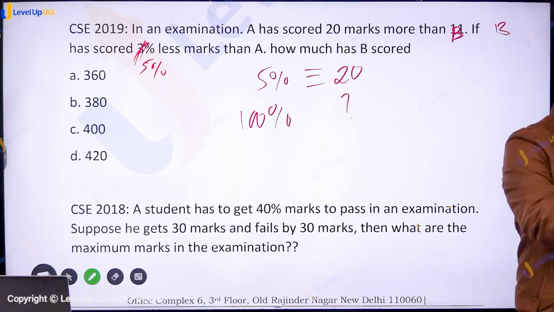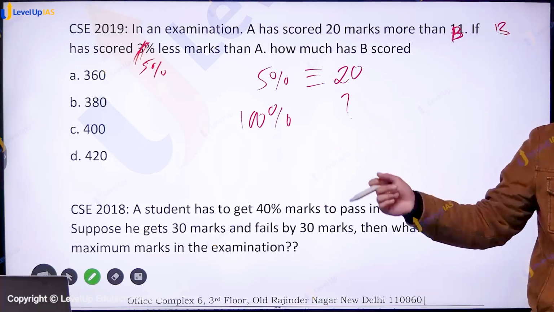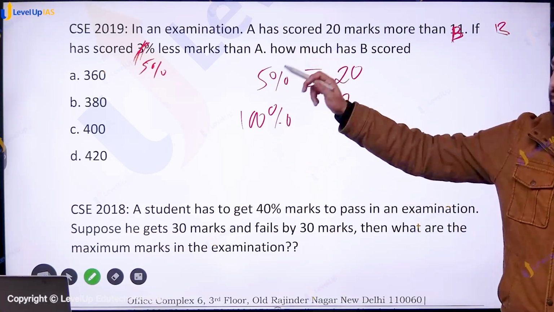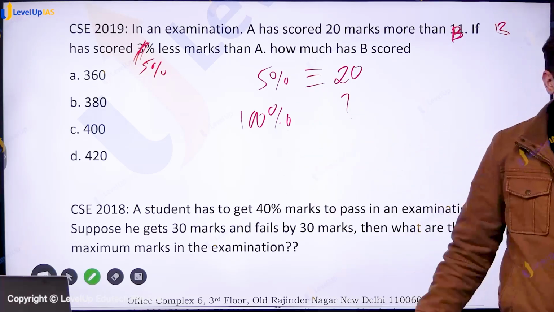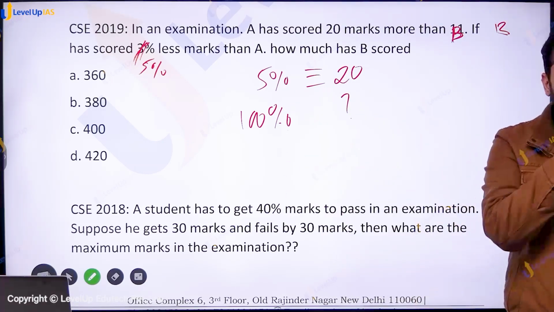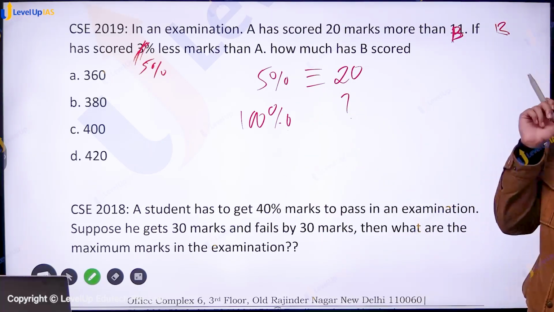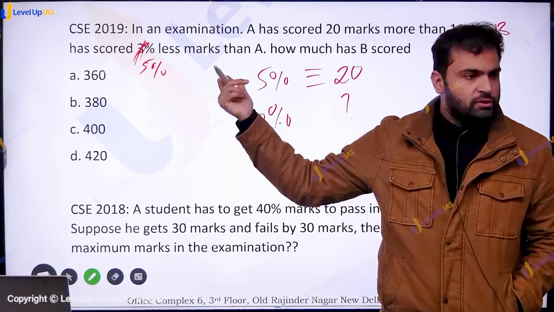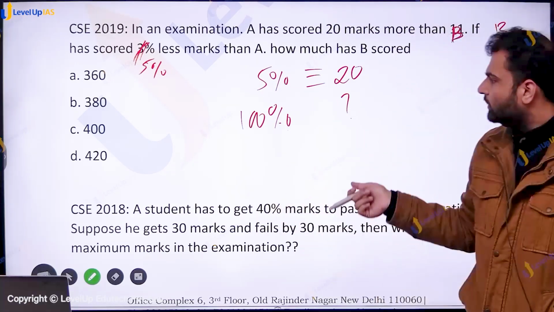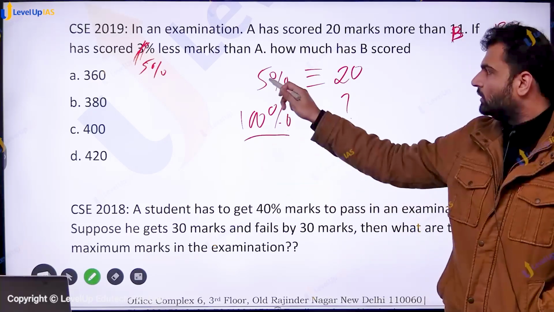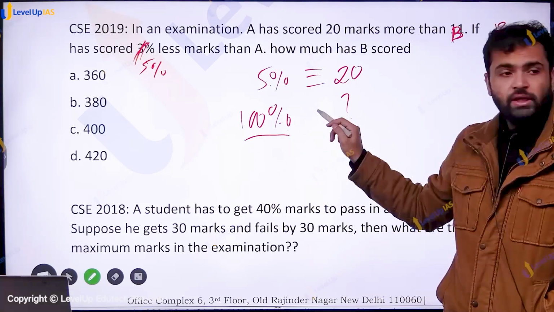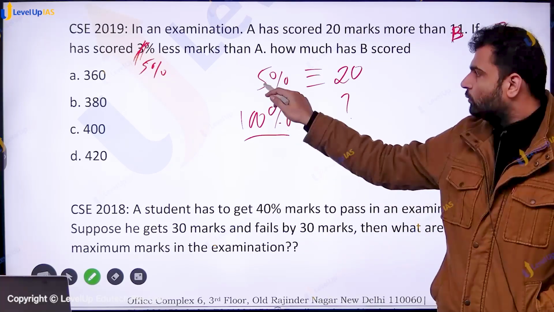The total marks that A gets is 100%. We are calculating the difference with respect to A. B has 5% less marks than A. So 5% is 20, 100% is 20 times, because 5 into 20 is 100.